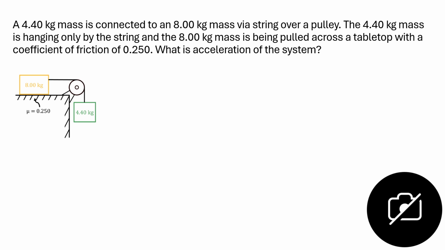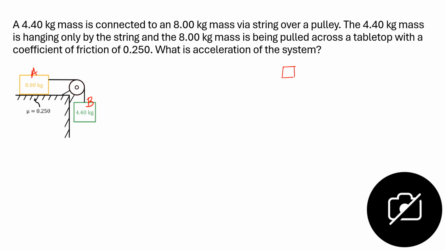The first step to solving these problems is to create free body diagrams based on the forces acting on the objects. So we need to consider what forces are acting on the objects. I'm going to call this object A and this object B so that we don't get them confused. For object A, I'm going to do them in a different location just to save my paper.